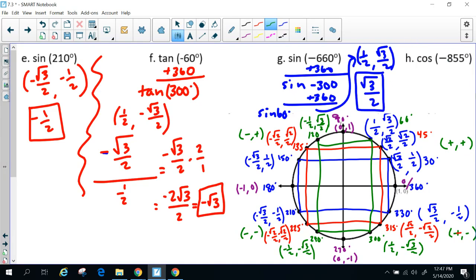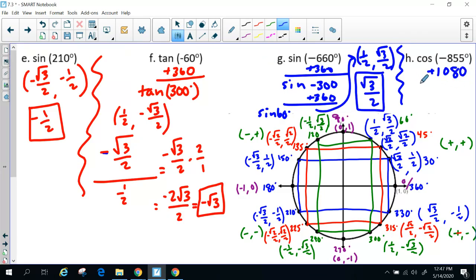And we've got the cosine of negative 855. So we're going to have to add 360 a couple times there. Really, if you wanted to do 360 times 3, we'd end up with adding 1,080 degrees. We're just going to keep adding 360.